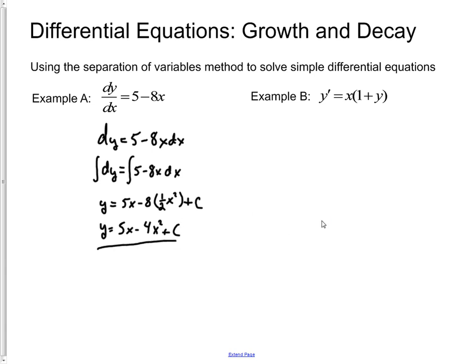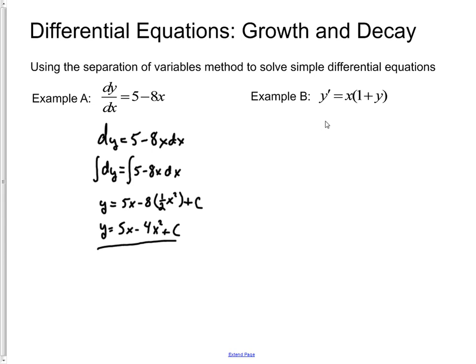So we get a family of curves, and this is really nothing more than a restatement of our anti-differentiation methods from earlier on when we first started talking about antiderivatives and indefinite integrals. It gets a little bit more complicated, however, when we have expressions in which y and x are mixed up together. Well, this is actually a relatively simple one as well, but let me show you what we want to do.